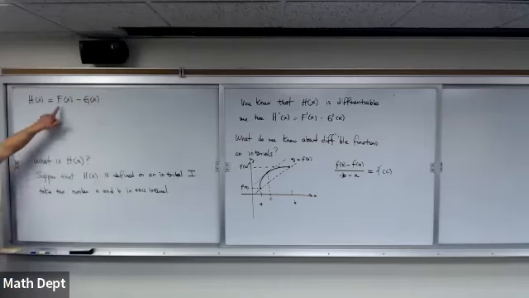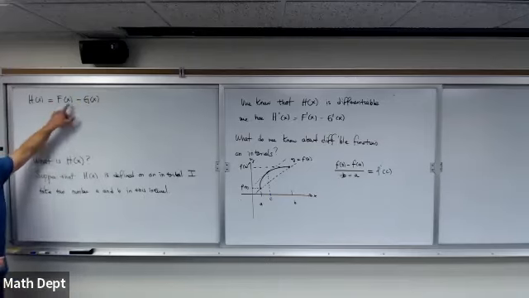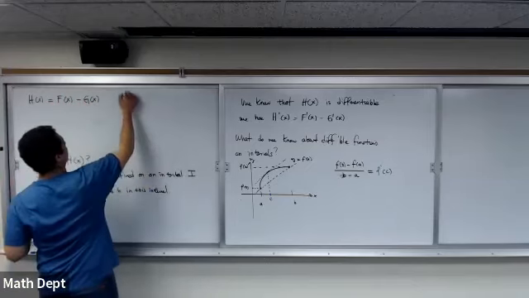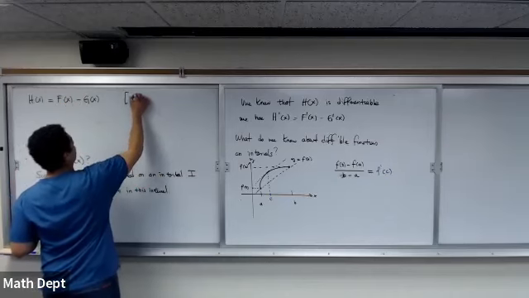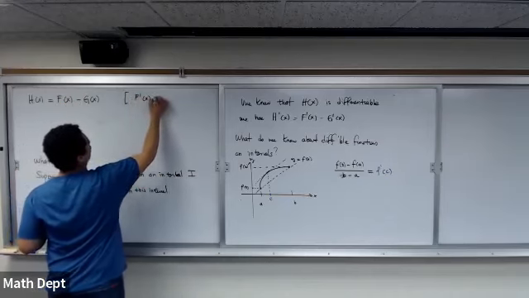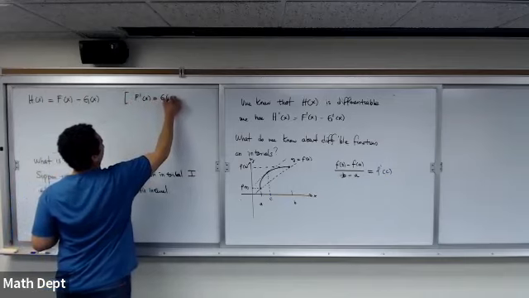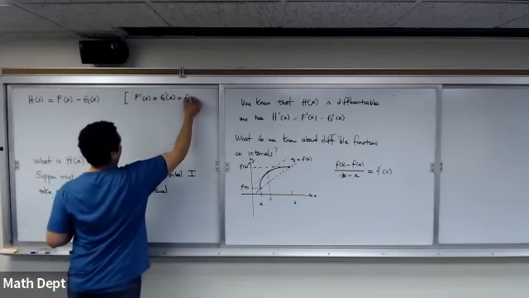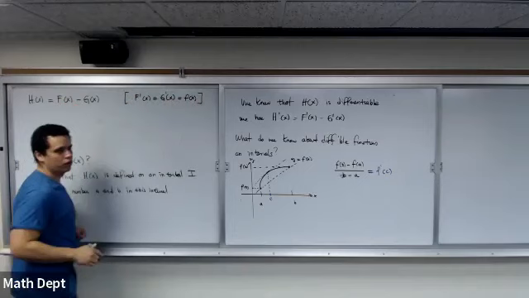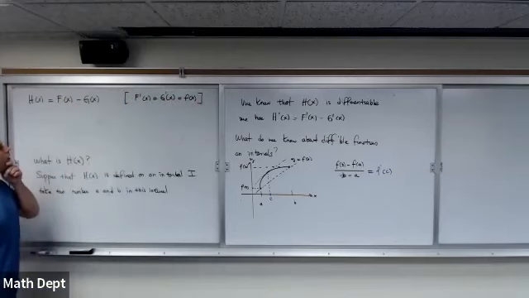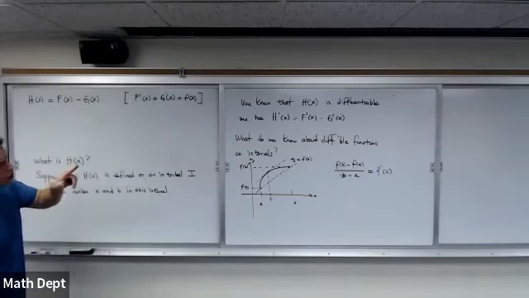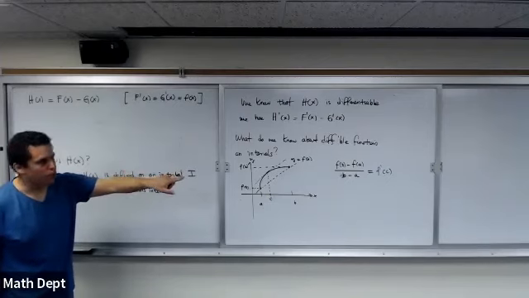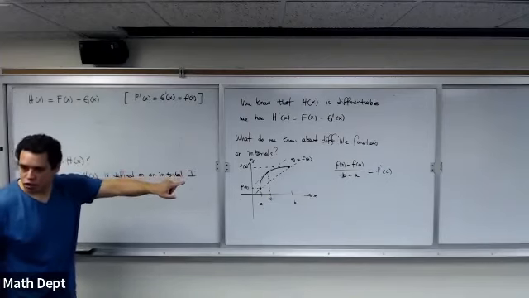Let's not forget, f and g are both antiderivatives of the same function, little f of x. So I'm going to state that here. We know that. What if I apply the mean value theorem on my function h?